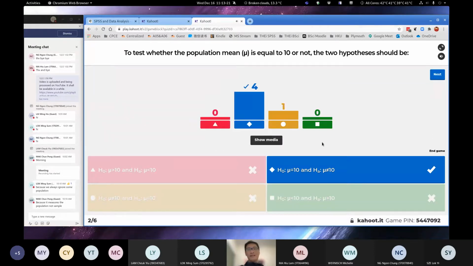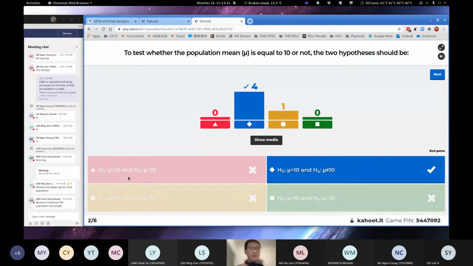Yes, the answer is the second one, just equal or unequal. We always put the one with the equal sign in the null hypothesis and the one without the equal sign in the alternative hypothesis. But I also want to talk about the others.